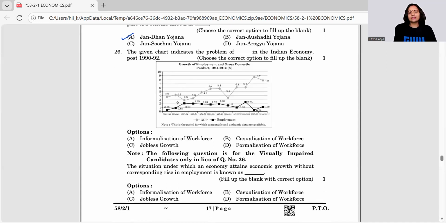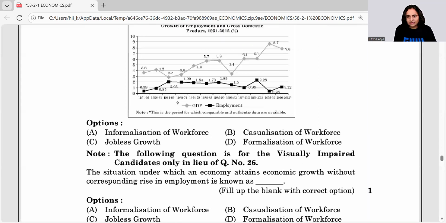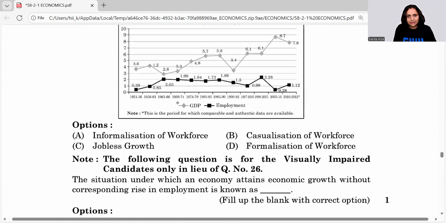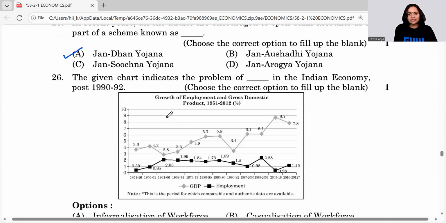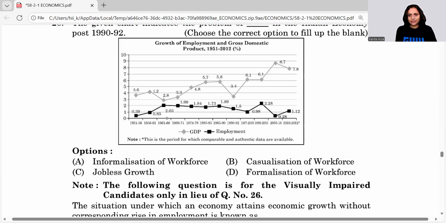The given chart indicates the problem of dash in the Indian economy post 1992. So if we try to just enhance the size post 1990, let us check the year. 1992. So after this situation, what do we see? After this year, we see that this dark line is going down, generally so, and that is going up.